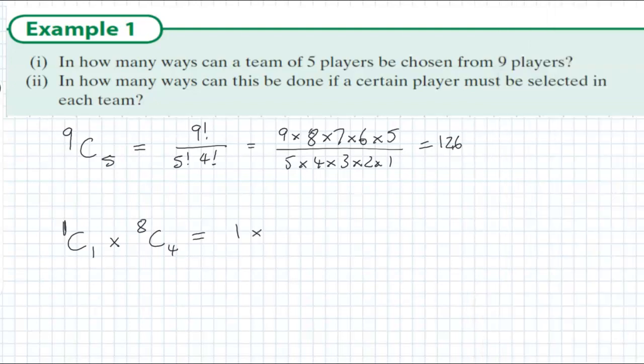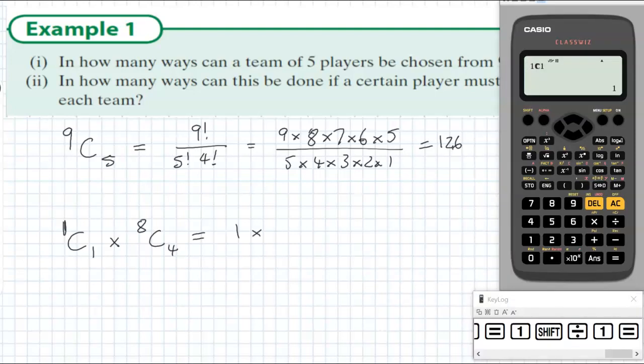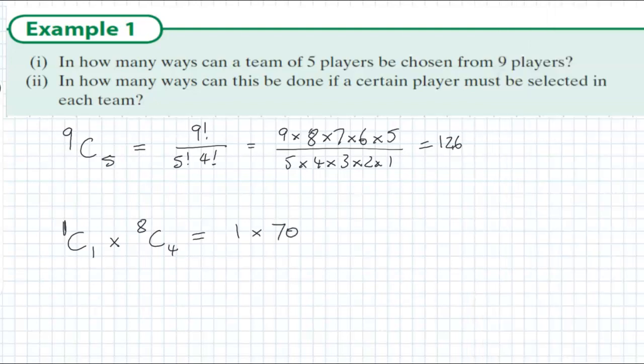And then 8 combination 4, we have 8 shift divide 4, and that's 70. So there are 70 different ways in which we can choose effectively 4 people from 8, because the 5th person, the extra last person, is a shoo-in.